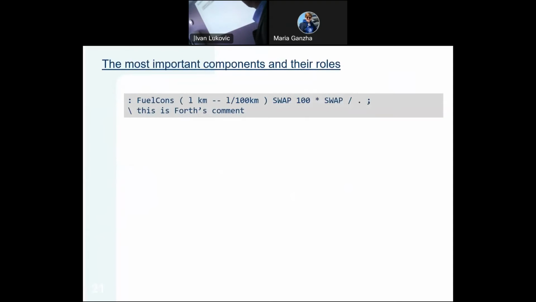And here we have the operation on the stack, because it expects two values. It computes the consumption of gasoline per 100 kilometers of your car. If you put in the number of liters and mileage, it multiplies by 100. It makes a swap again, and it divides, and dot is to show the result on the screen. And here is the comment.